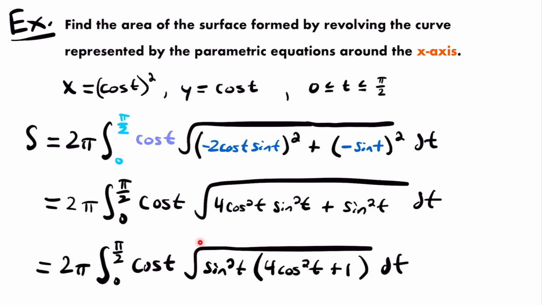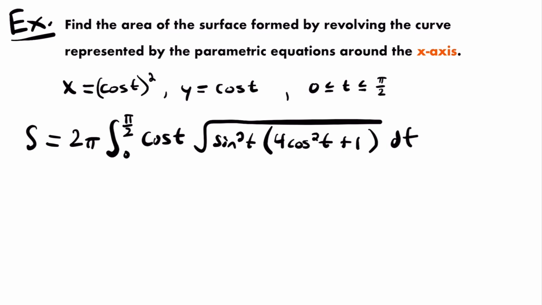Okay, so now we have the square root of sine squared t times that quantity, 4 times cosine squared t plus 1. And now what we can do is take the square root of both of these parts. And the square root of sine squared t is just going to be sine t.